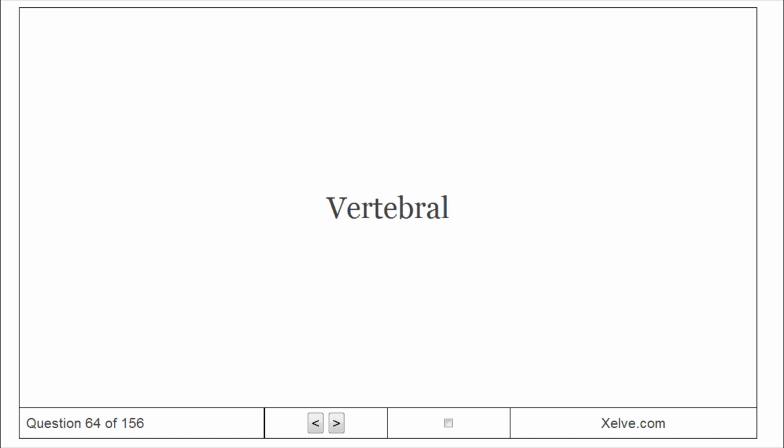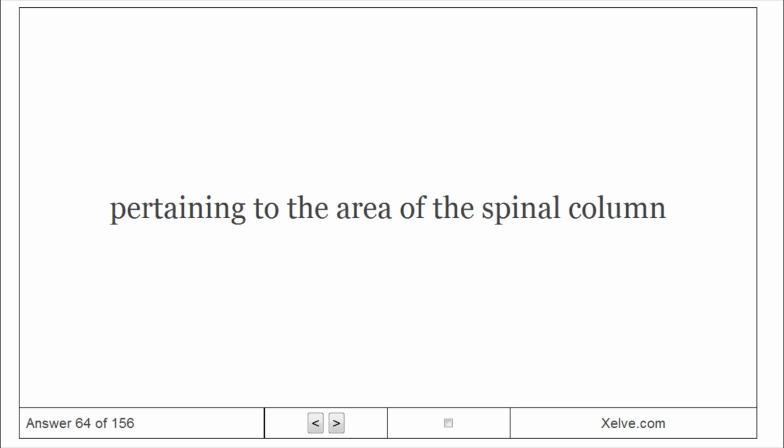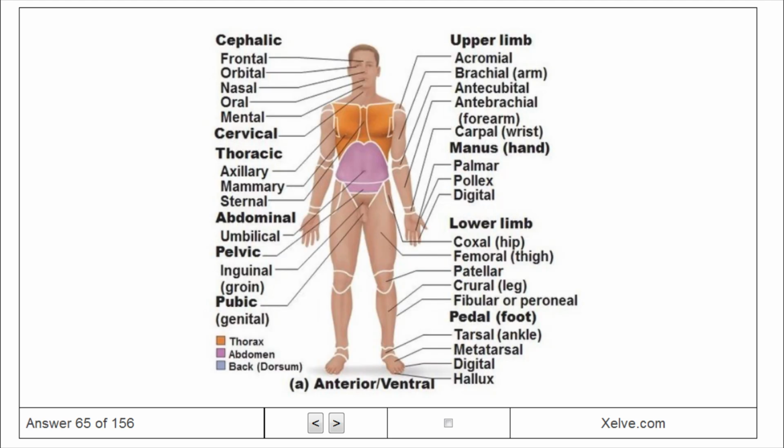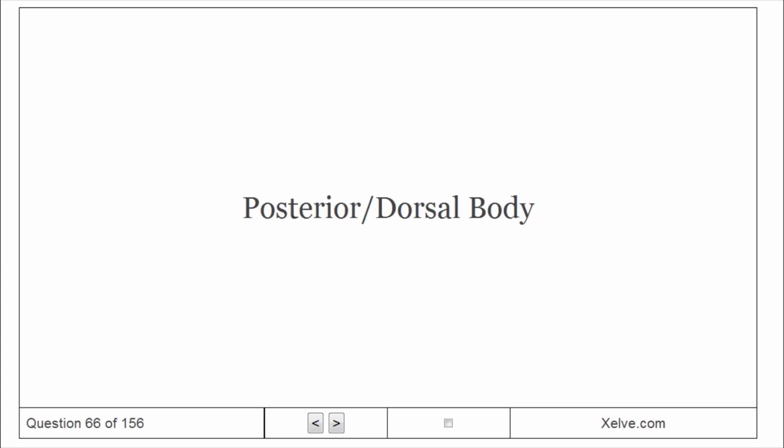Vertebral: pertaining to the area of the spinal column. Anterior, ventral body. Posterior, dorsal body.